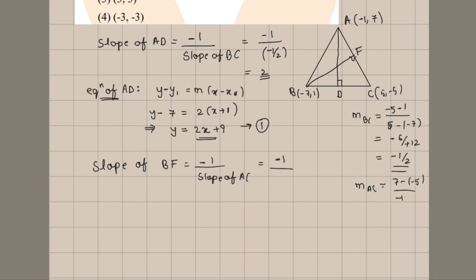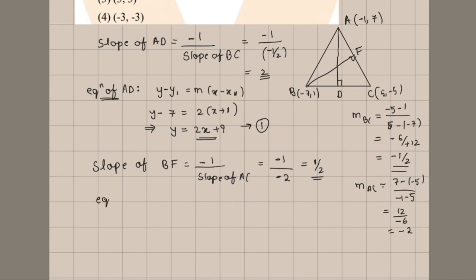So minus 1 minus 5, which gives 12 by minus 6, which is minus 2. So minus 1 over minus 2 is 1 over 2. Slope of BF is 1 over 2.